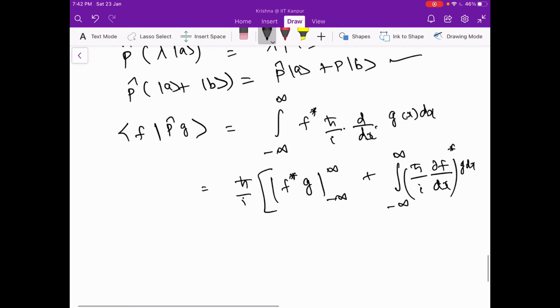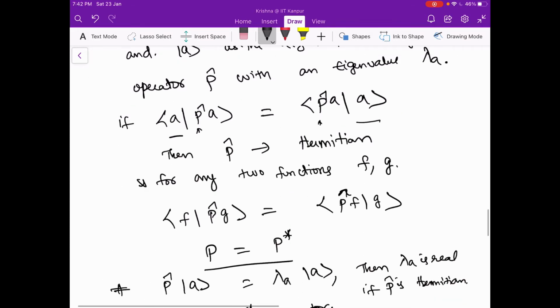And we previously defined that if f and g belong to a Hilbert space, then f and g at infinity and minus infinity should go to 0. So that's what we defined here.